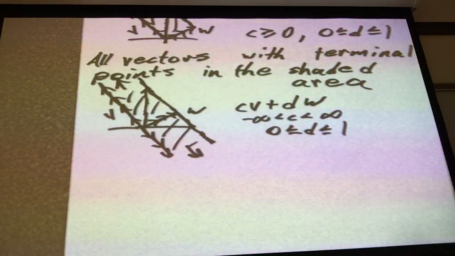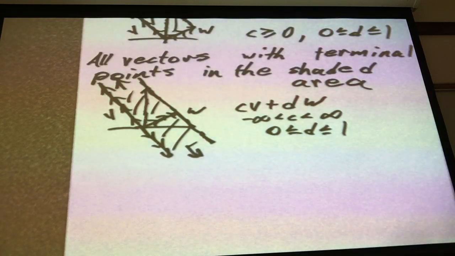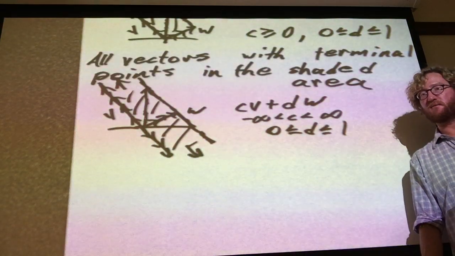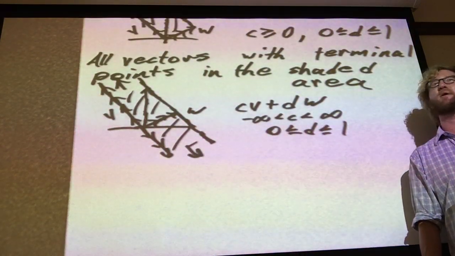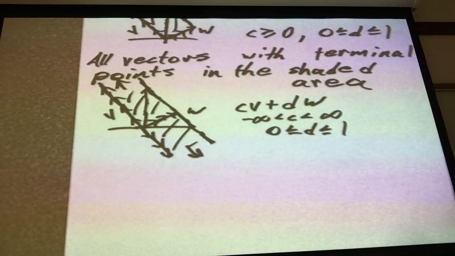Okay? Well, what if we didn't put any restrictions on C and D? We just said C and D can be any real numbers.